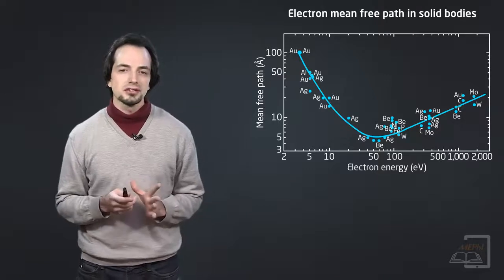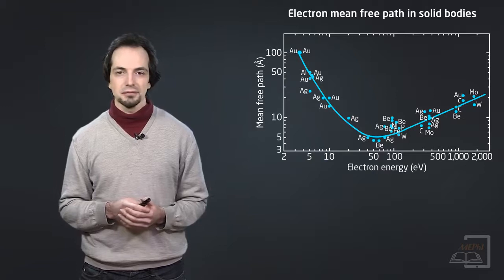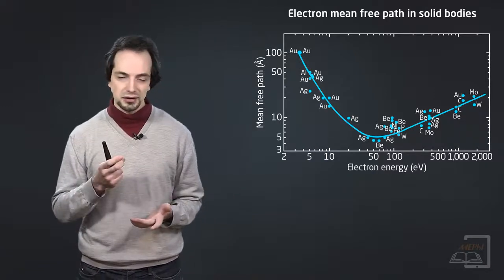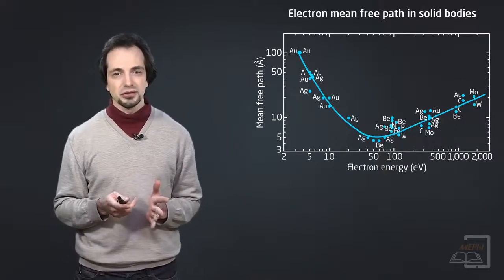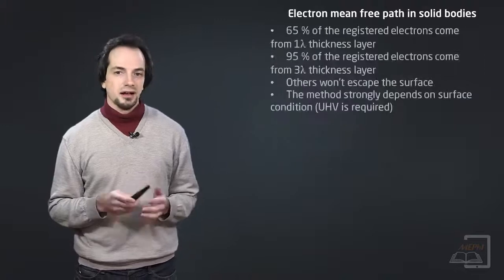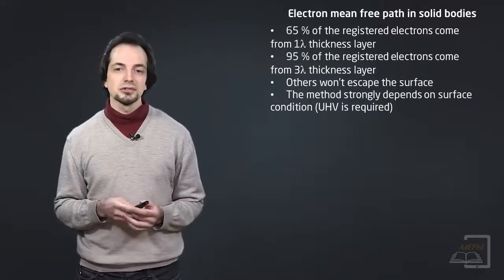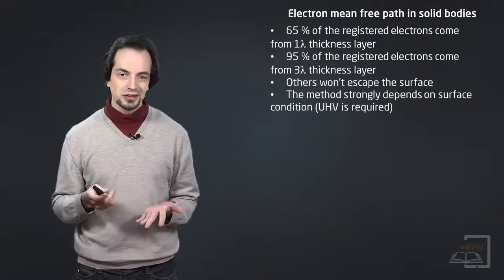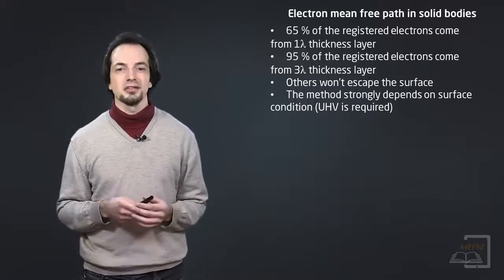So the layer you are analyzing with your X-ray beam, the thickness from which these photoelectrons are emitted, is most of the time several nanometers. That's why the method is very sensitive to surface contamination. If the surface is contaminated more than 10 nanometers, you won't see the sample at all. You will see only the contaminants.